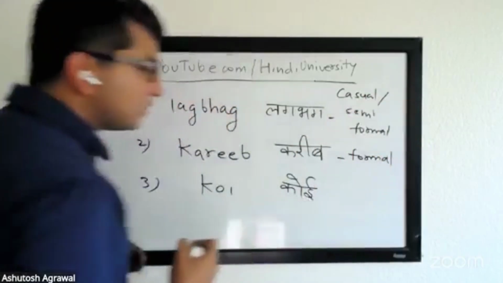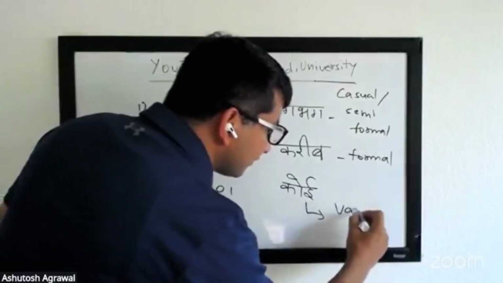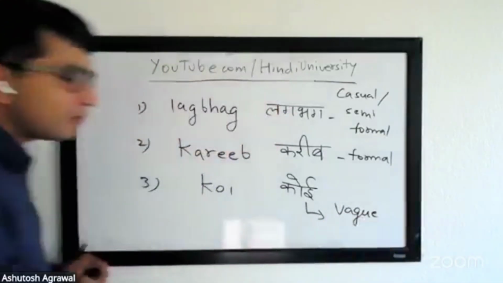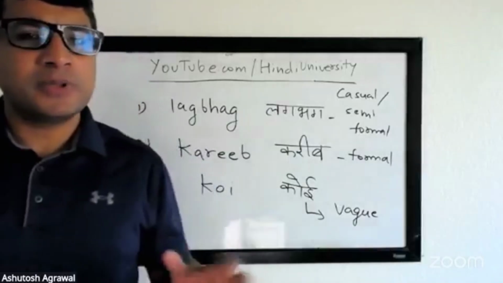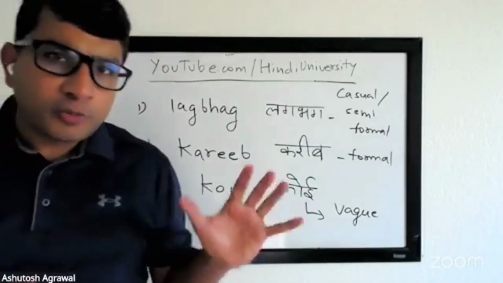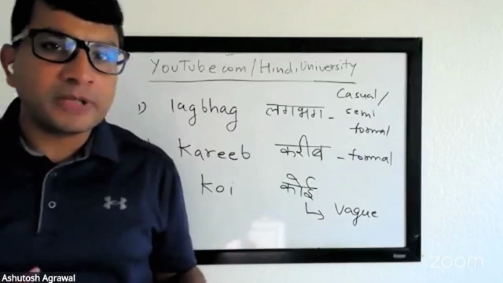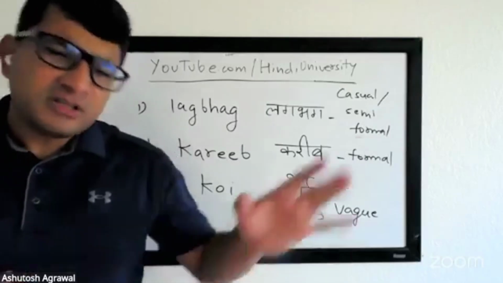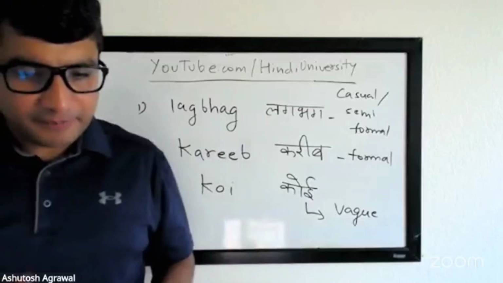Okay, you will use lagbhag. Okay, when you want to be a bit vague, when you don't want to give any precise information, like when you talk about a party, how many people came, right? If you want to be completely vague, when the focus is not being precise, okay, you can say koi 10 log aaye the. Okay, about 10 people came.